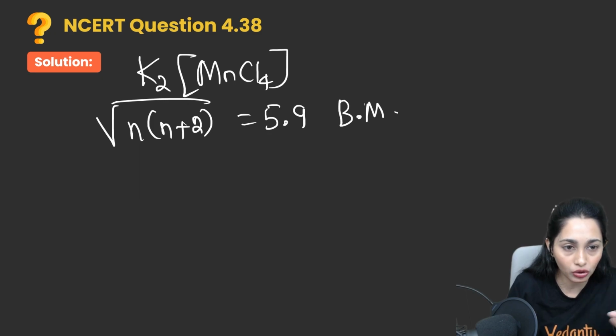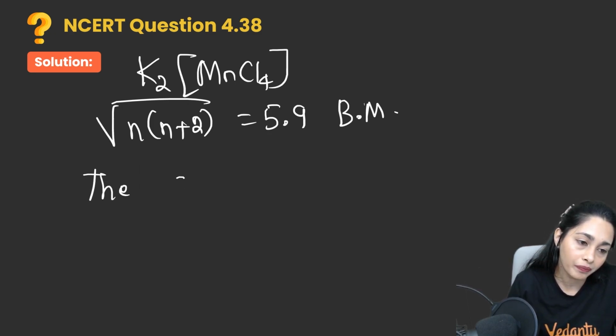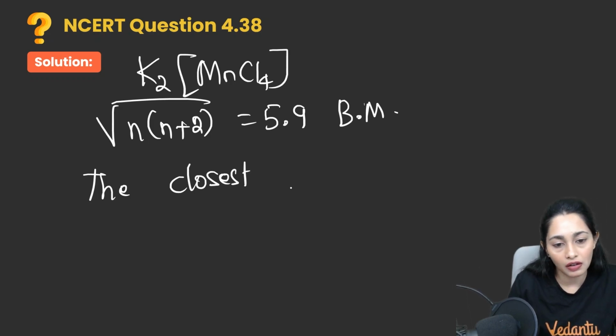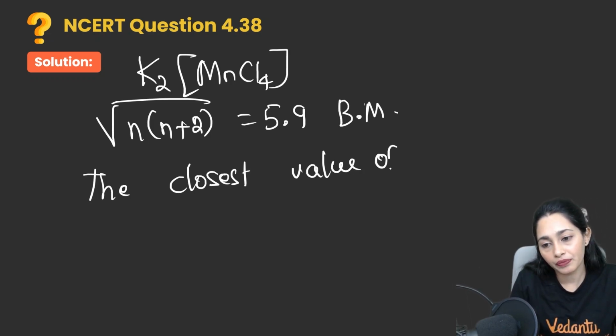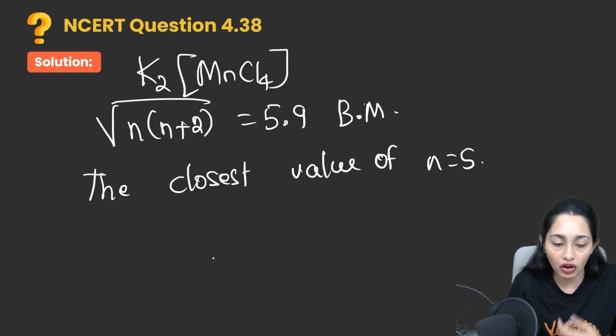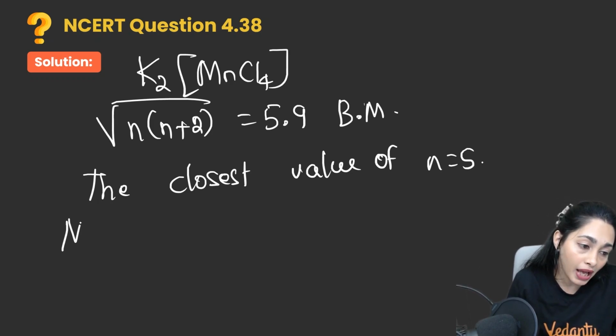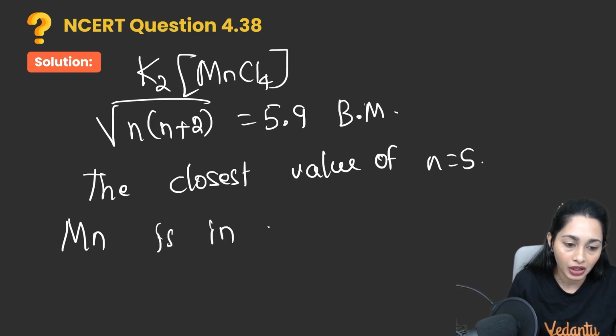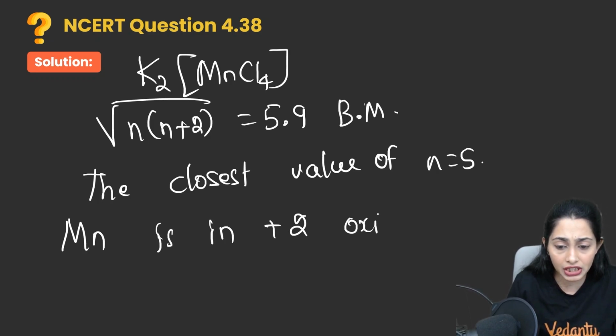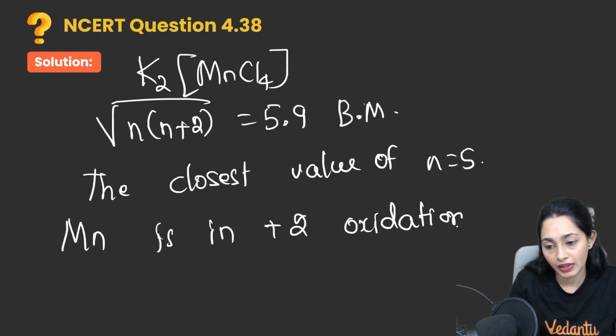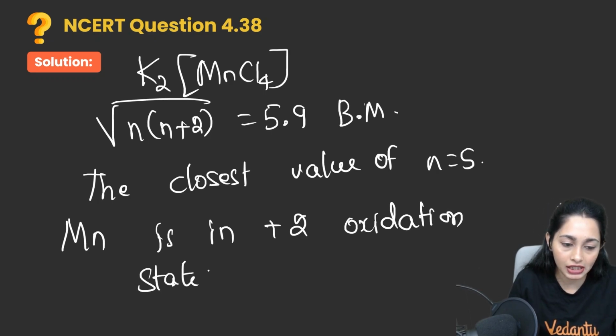The same way we need to write. Okay. So the closest value of n is equal to 5, or nearest value. And manganese, which is the central metal atom, is in +2 oxidation state in this complex.